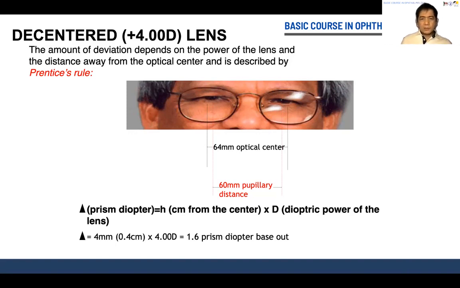However, since the optical centers of these disposable lenses were not made to coincide or align with the pupillary distance, patients wearing them will definitely experience what we call prismatic deviation or prism effect.